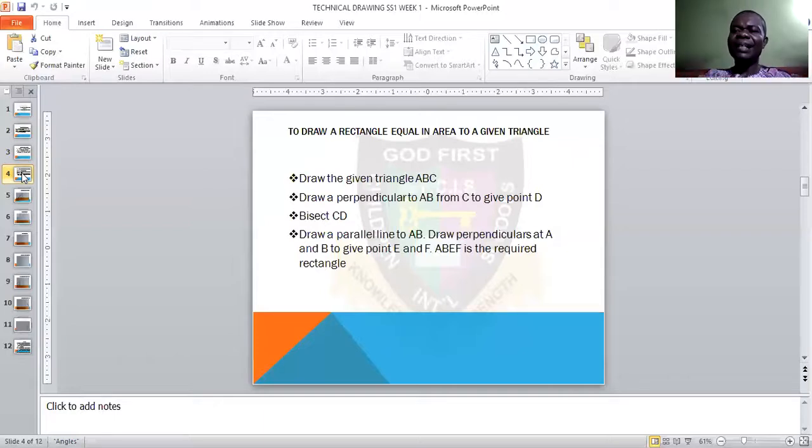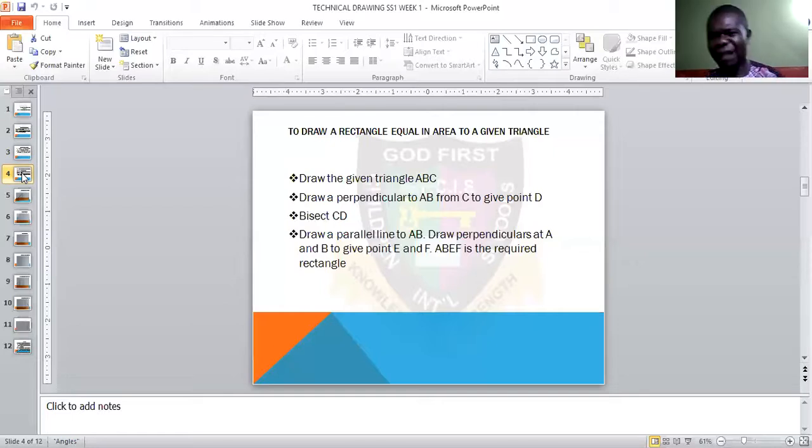The bisector of the height of the triangle, the bisector of line CD, is the line that the perpendiculars from A and from B will meet. Wherever they meet that line, they become point E and point F, respectively. Then you make that line bold.